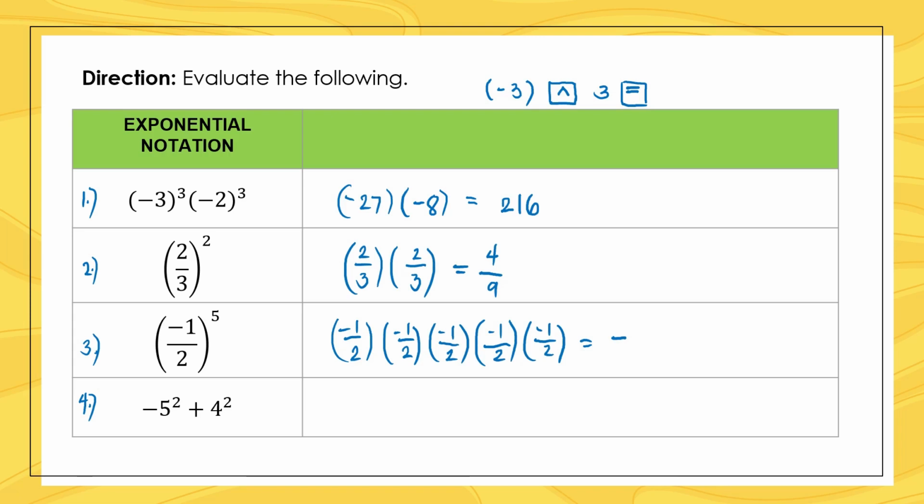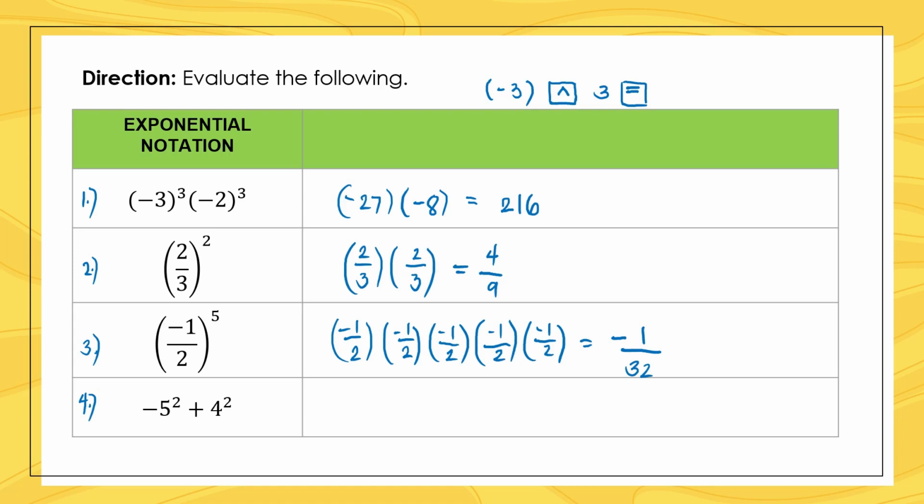Next, 1 times 1 times 1, no matter how many, still 1 over 2 times 2 times 2 times 2 times 2, that will be equal to 32. So here's the final answer: negative 1 over 32.